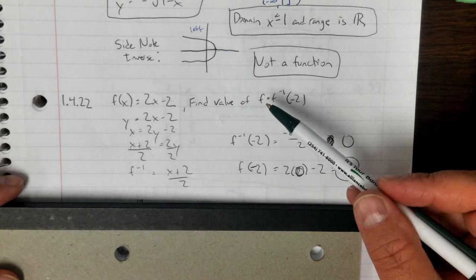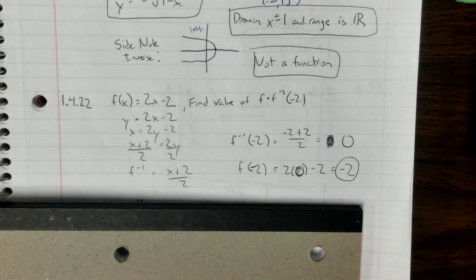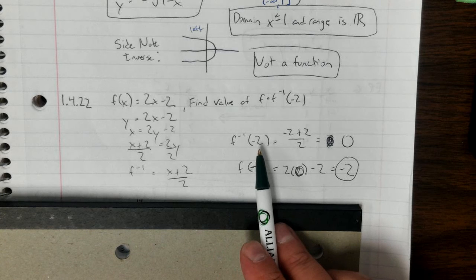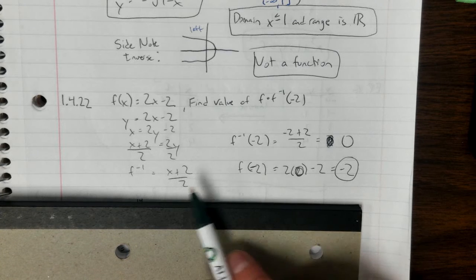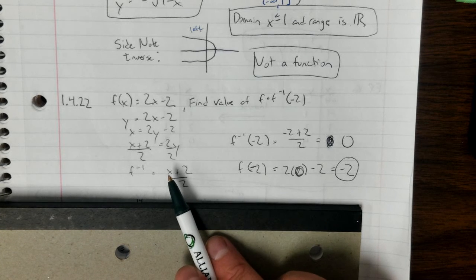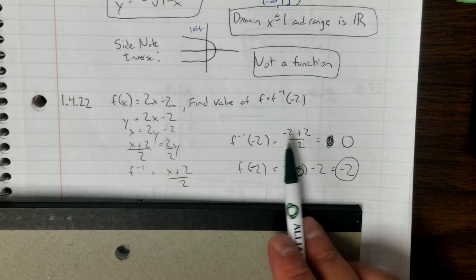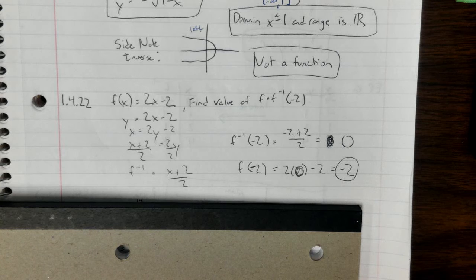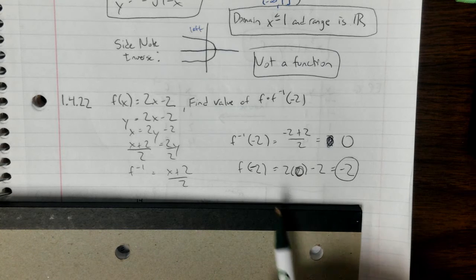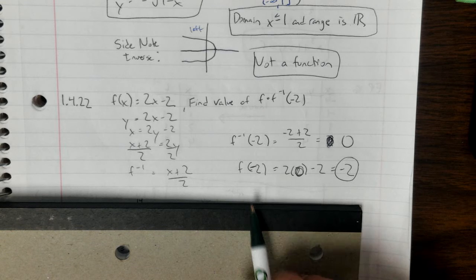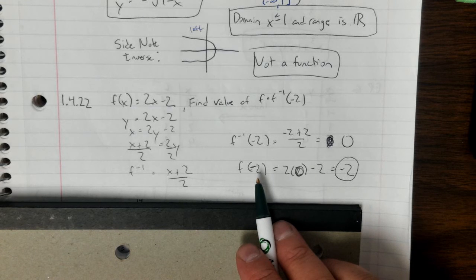So now we want to do the value of f negative 1 of negative 2. So what we do is we just plug -2 for x. You go -2 plus 2 is 0 over 2 is 0. And that's for the inverse function. For the regular function, we have f of -2.